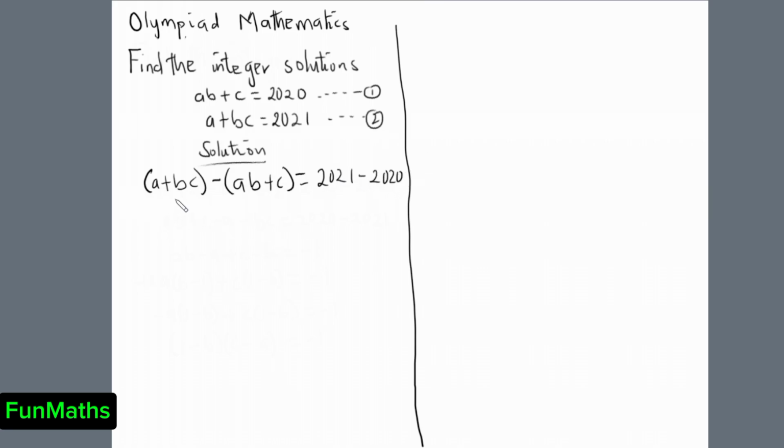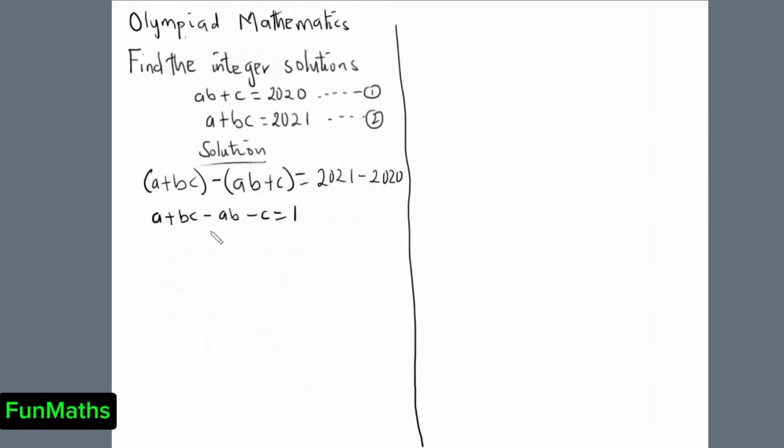So what we do next is to remove the brackets. I'll be having A plus BC minus AB minus C, because the minus is going to affect everything within this bracket, equals 2021 minus 2020, which is 1.